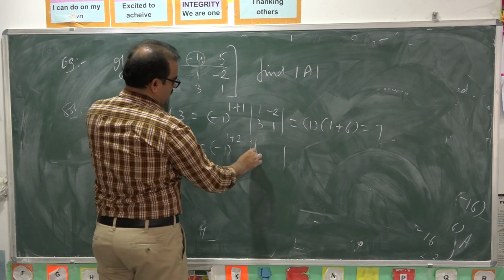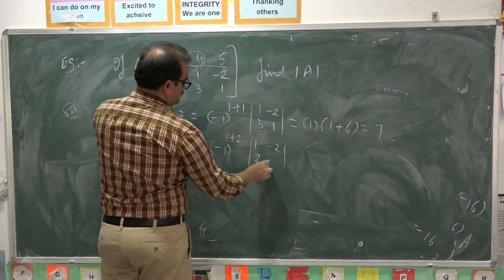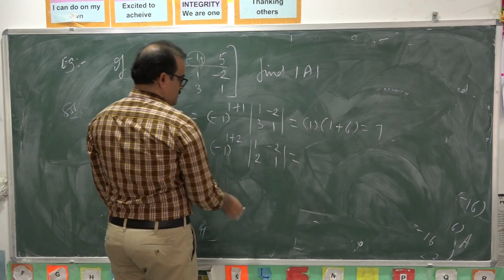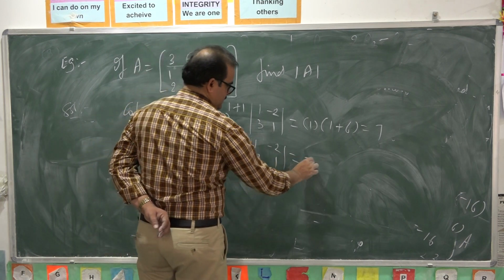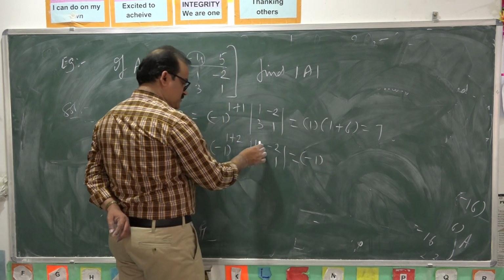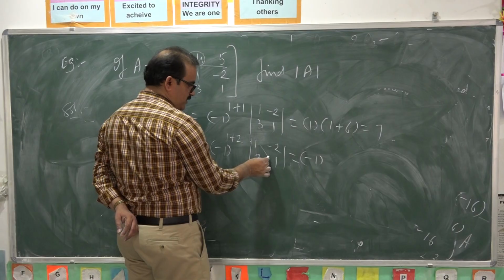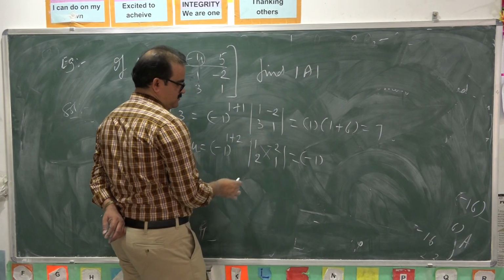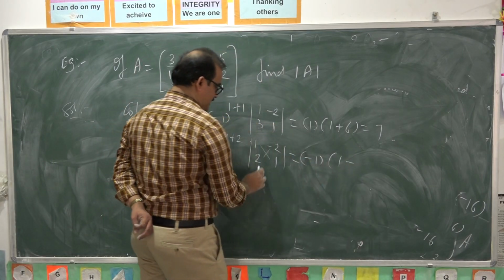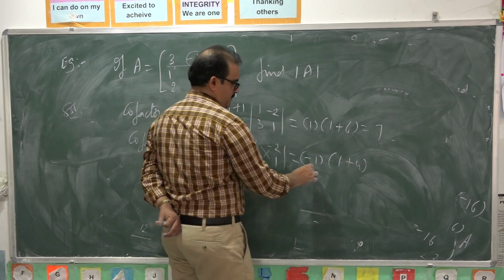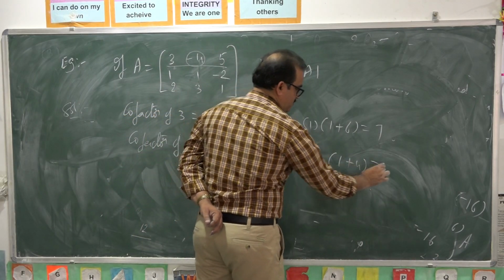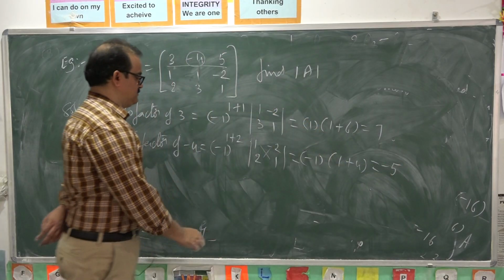What is that matrix? 1 minus 2, 2, 1. Minus 1 to the power of 3, that is minus 1 into, what is the value of this determinant? 1 into 1 minus 2 into minus 2. 1 minus of minus 4, 1 plus 4, 5. 5 into minus 1, that is minus 5.